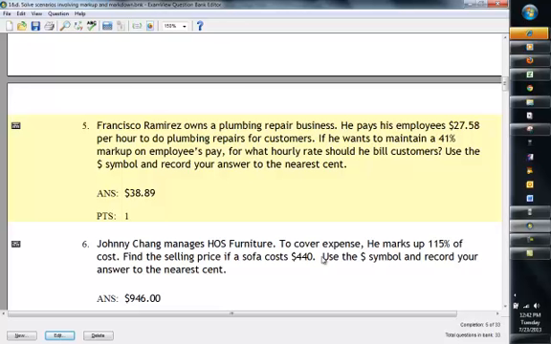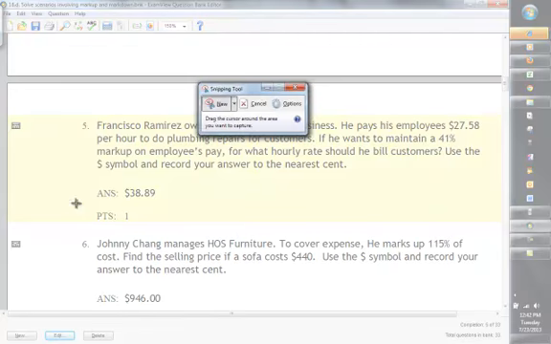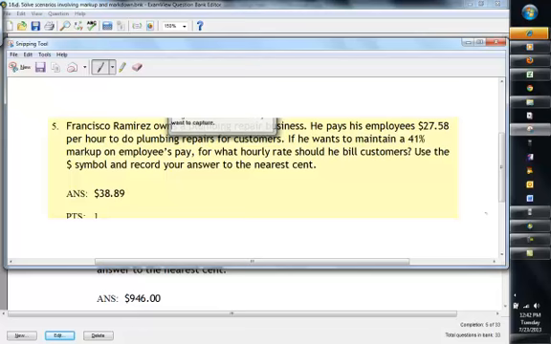Francesco Ramirez owns a plumbing repair business. He pays his employees $27.58 per hour to do plumbing work for customers. He wants to maintain a 41% markup on employees' pay. For what hourly rate should he charge the customers?